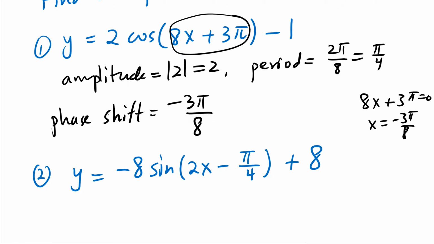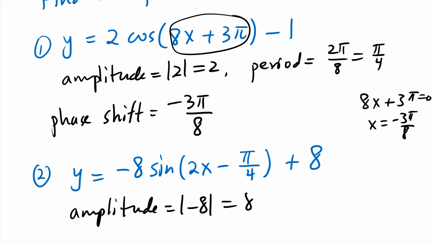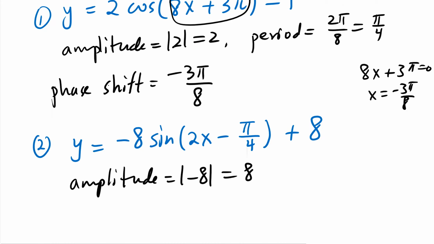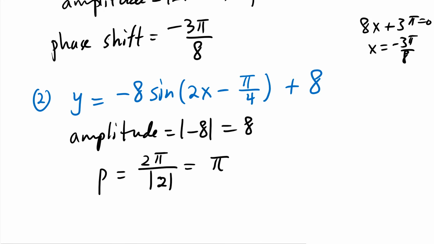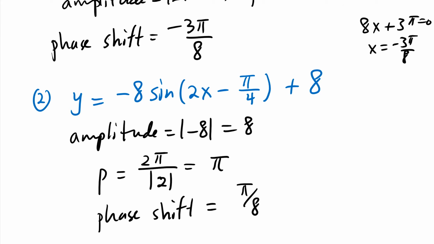For the lower one, the amplitude, absolute value of -8, which is 8, period, 2 pi over absolute value of 2, which is pi, and the phase shift is pi over 8.